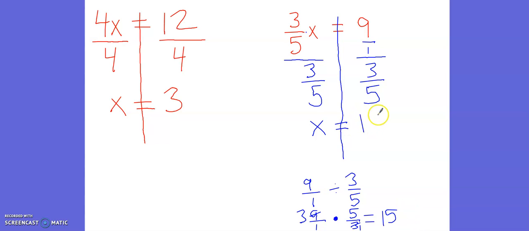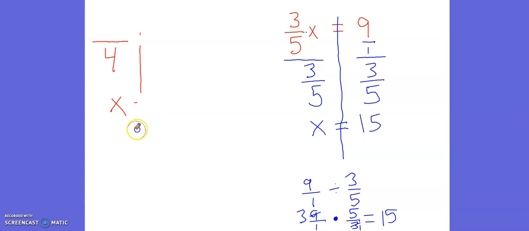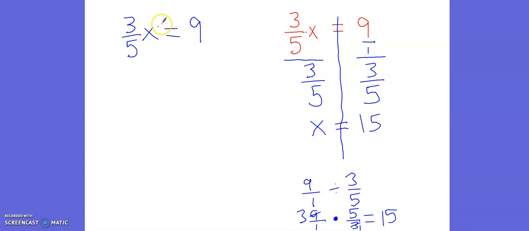Okay, but if you're really on it, you might see something. I'm going to get rid of our other example here so we have some space to compare it to what we just did. If you're really on it, you'll see that at the very beginning, when we had 3/5 x equals 9, you go, okay, I'm going to divide both sides by 3/5, right?